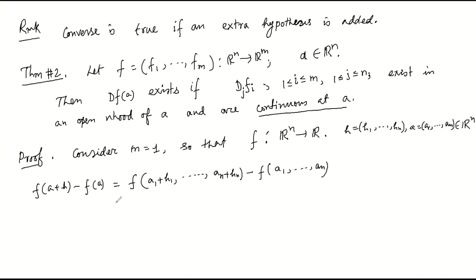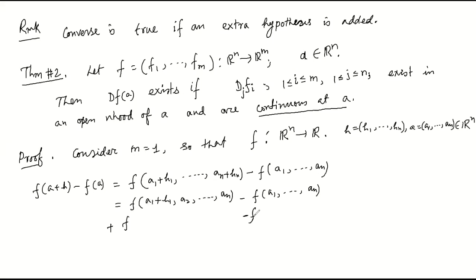So we write this quantity as follows: f of a1 plus h1 comma a2 and so on an minus f of a1 and so on an, then plus, first let me write the minus. We have added this term.